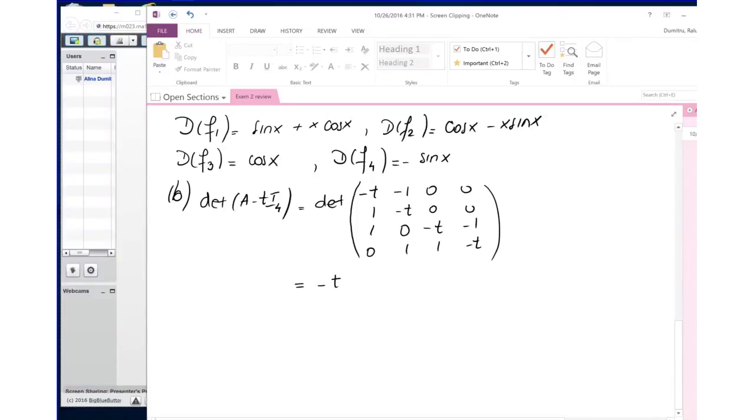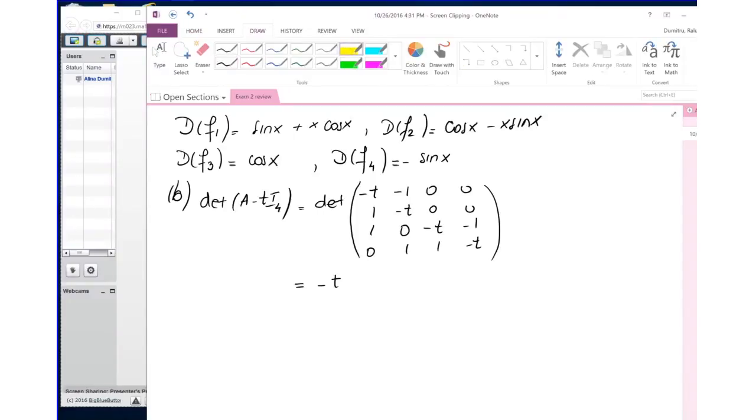Negative T times the determinant of this matrix, right? So negative t times negative t cubed plus 0 minus t. Negative t cubed minus t. And then plus negative 1, but it's times negative 1 to the power 1 plus 2, because it's row 1, column 2, so another negative 1.